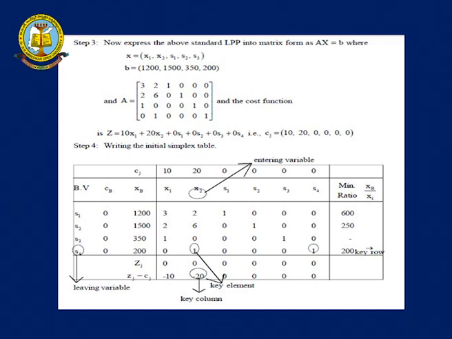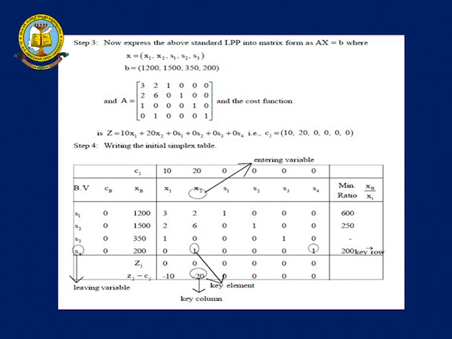So 1200 by 2 means 600, 1500 by 6 means 250, and 350 by 0 we neglect because zeros are not taken, and 200 by 1 is 200. Among these, 200 is the least quantity, so that is the corresponding leaving vector. So S4 is the leaving vector and X2 is the entering vector.